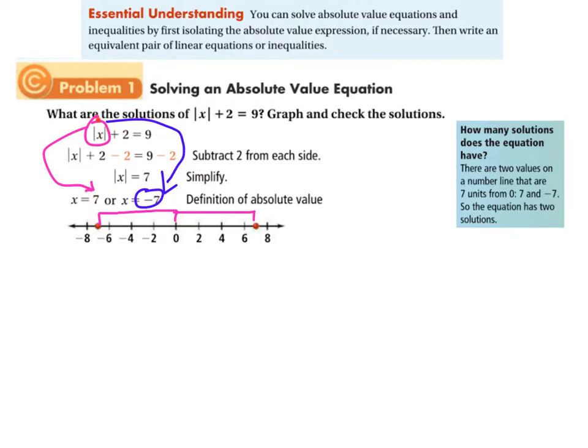So both of these numbers, when put in here and their absolute values taken, will give us a 7, that when we add 2, we get to 9. You can check this, like I said, by plugging that number in. Plug in 7: absolute value of 7 is 7, plus 2 is 9. Absolute value of negative 7 is 7, plus 2 is 9. So they work.